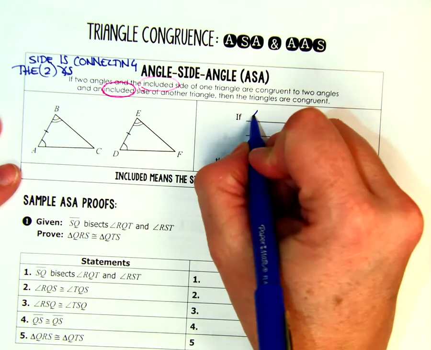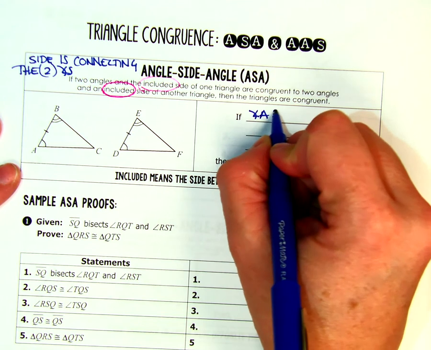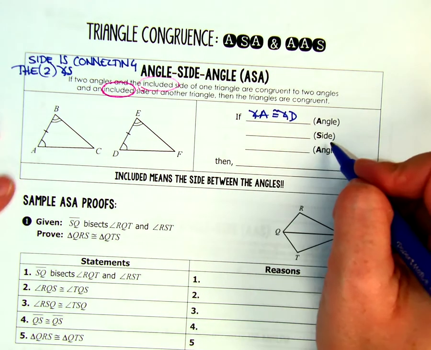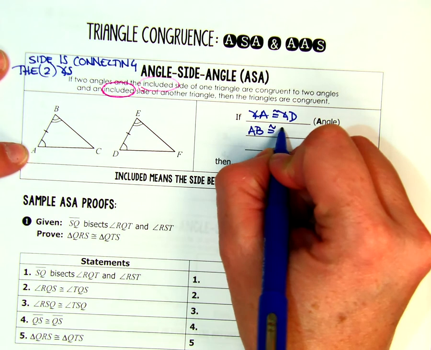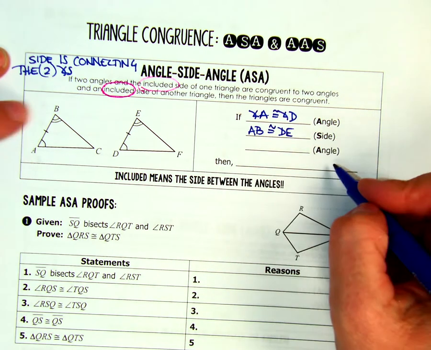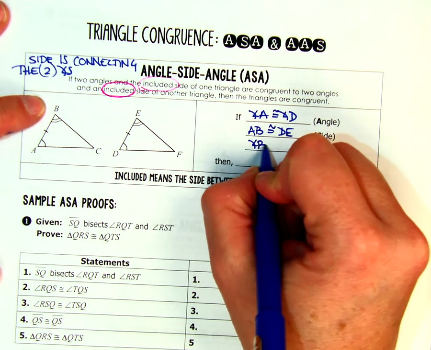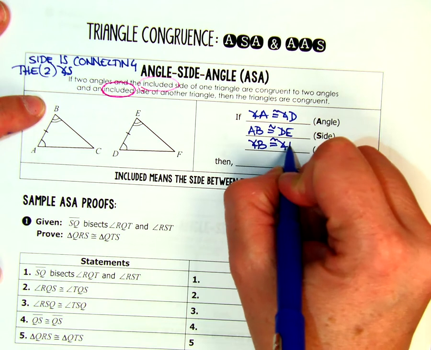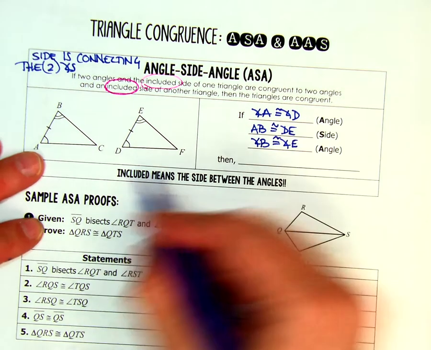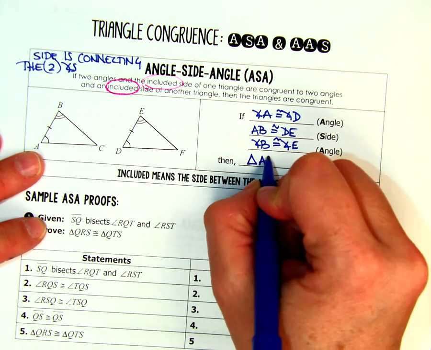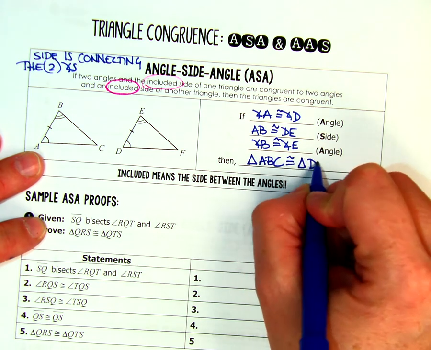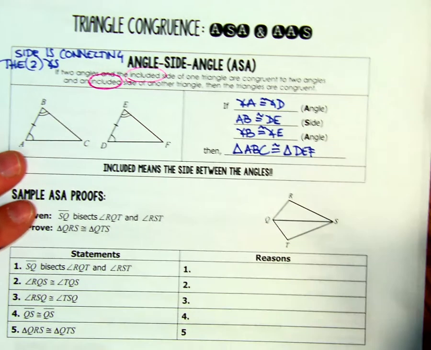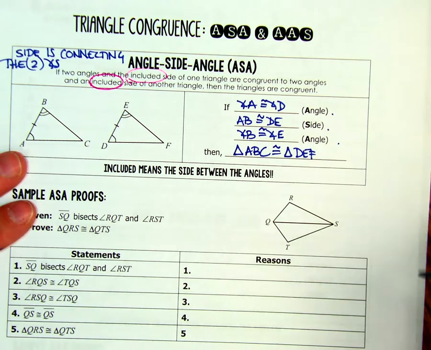So if angle A is congruent to angle D, the side, which is AB, is congruent to DE, and then an angle, which is angle B, is congruent to angle E, then I can say that triangle ABC is congruent to triangle DEF by angle, side, angle.